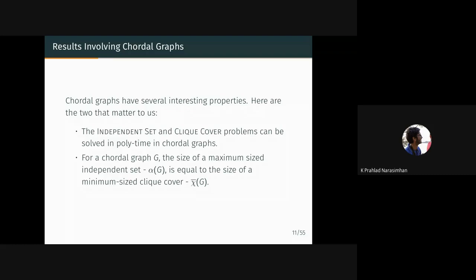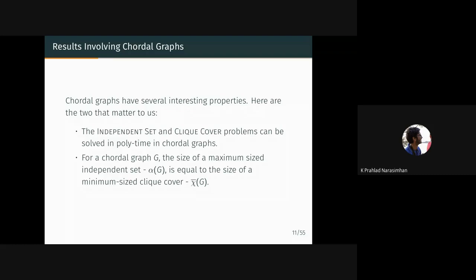Again, I won't delve too much into this, but you can think of it later when you have time and you're bored. My claim is that for a general graph, the independence number of the graph is less than or equal to the clique cover number of that graph.